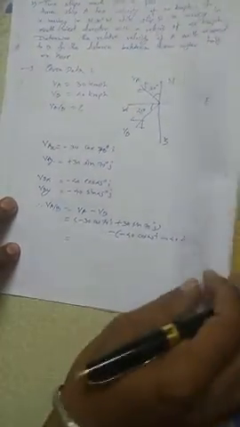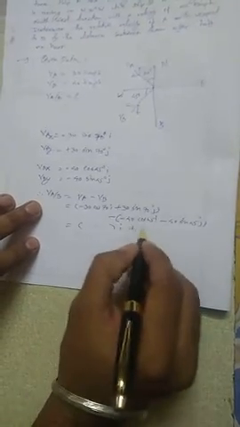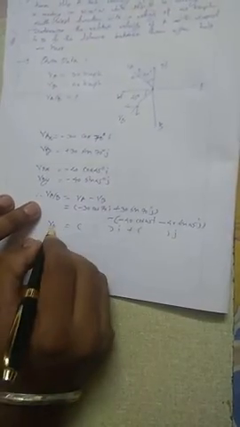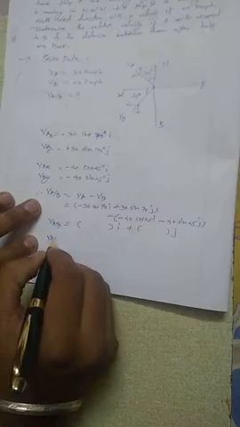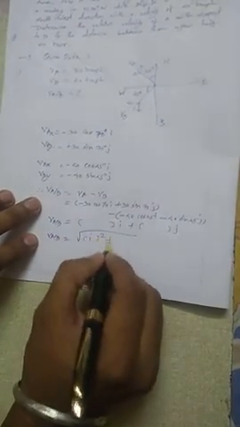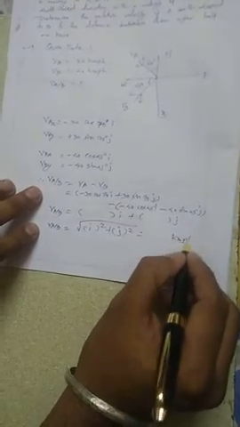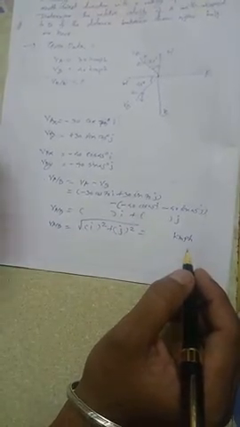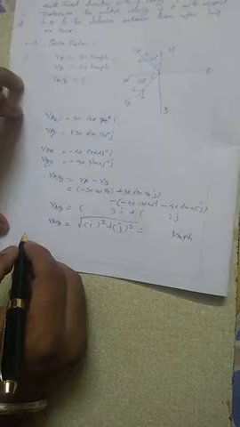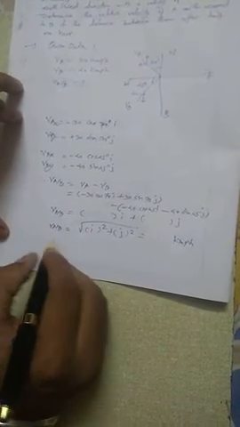Rearranging the terms, we add the i coefficients and the j coefficients. To find the relative velocity of A with respect to B, we take the square root of the i coefficient squared plus the j coefficient squared. That is the relative velocity of A with respect to B in kilometer per hour.